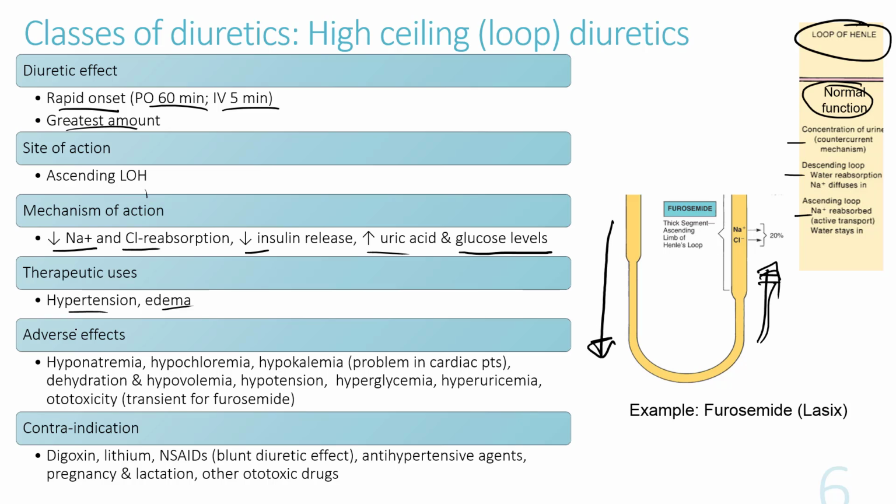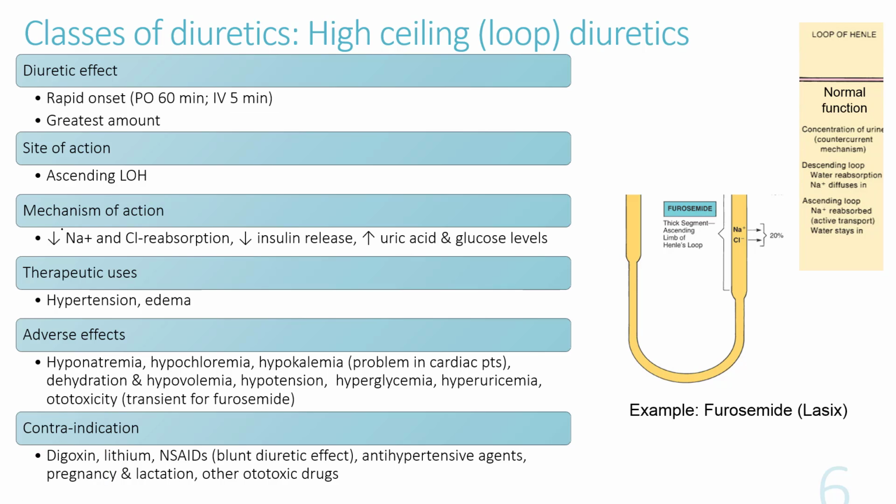As I said, the adverse effects of diuretics are directly linked to their mechanism of action. Because it decreases sodium reabsorption, there might be less sodium in the blood, so you end up with hyponatremia. Because it decreases chloride reabsorption, you can end up with hypochloremia as well.